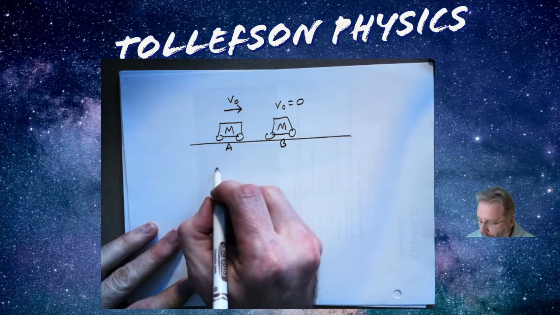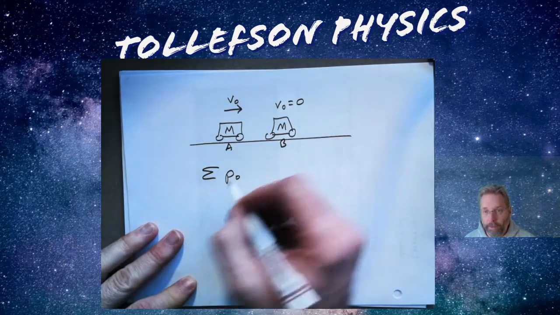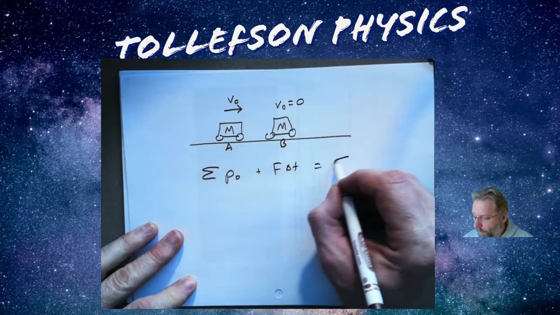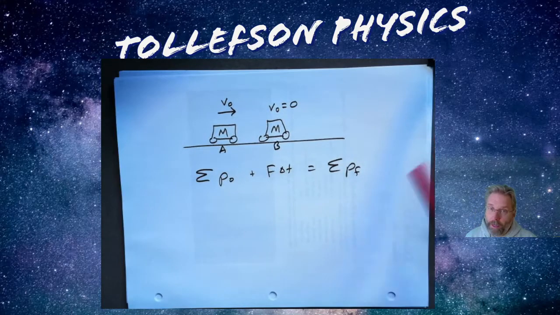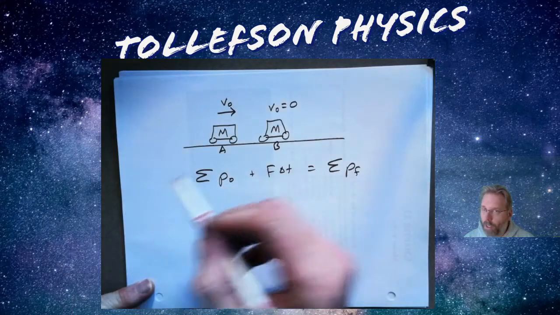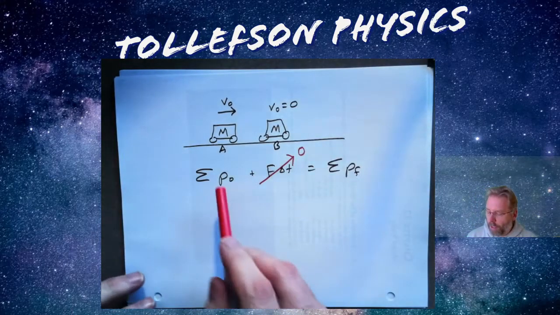So this idea: the sum of the momentum at the beginning plus the external impulse, if there's an external force, equals the sum of the momentum at the end. In this particular case, we're going to look at a system of the two cars. We're going to assume no friction, so there is no external force. That makes it a lot easier.